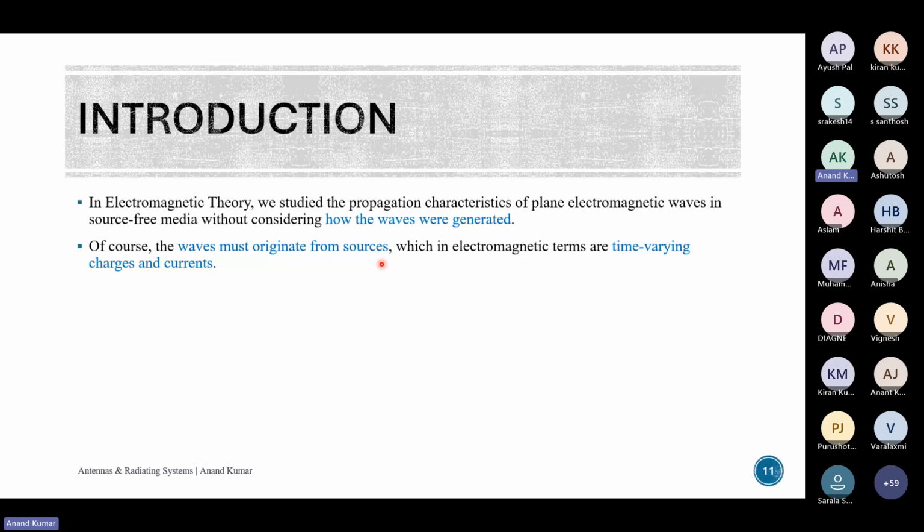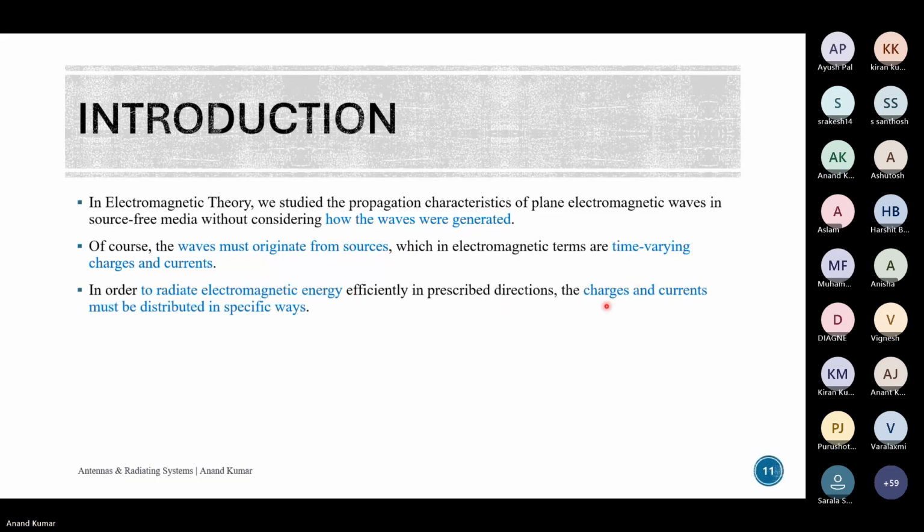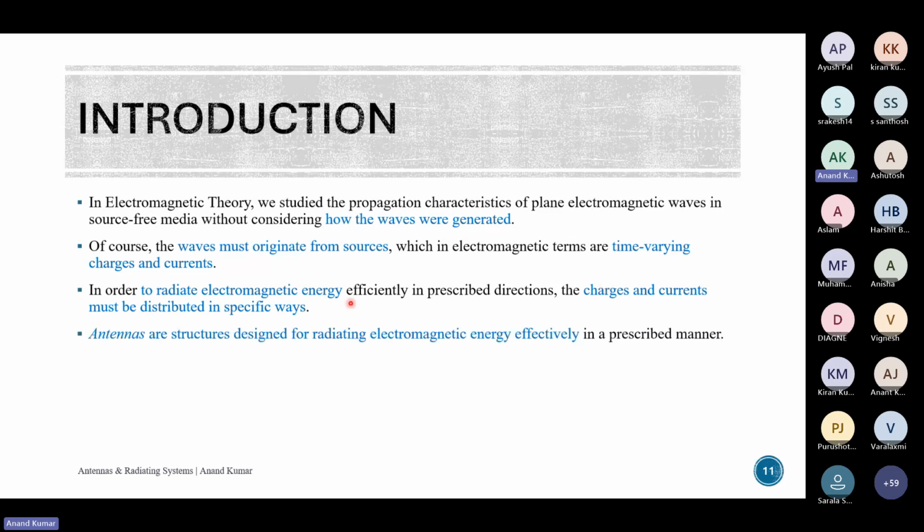Electromagnetic waves originate from sources, which could be time-varying charges and currents, and these charges and currents have to be distributed in particular ways for the waves to be generated. Antennas are the structures designed for radiating these fields. If there is an oscillating charge or oscillating current, you will need an antenna to help the wave propagate.